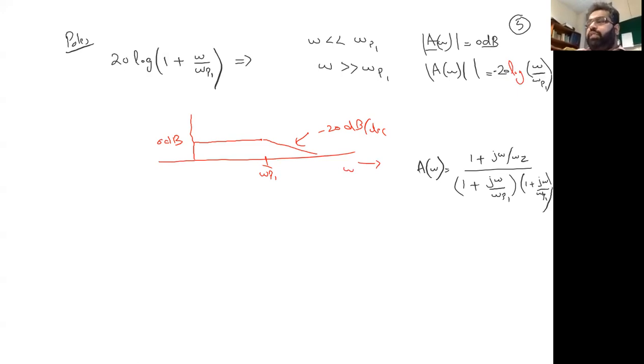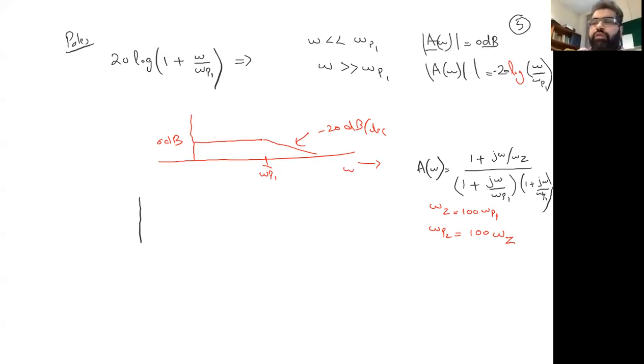If we are told that omega z is equal to 100 times omega p1 and omega p2 is equal to 100 times omega z, meaning the first to come is omega p1, followed by omega z, followed by omega p2, and all of them are separated by 100 just for simplification.